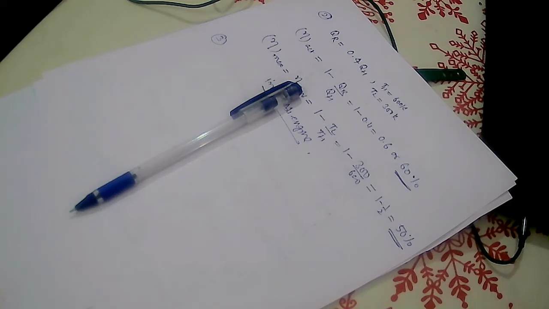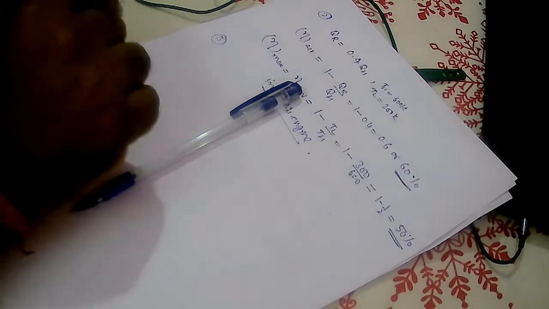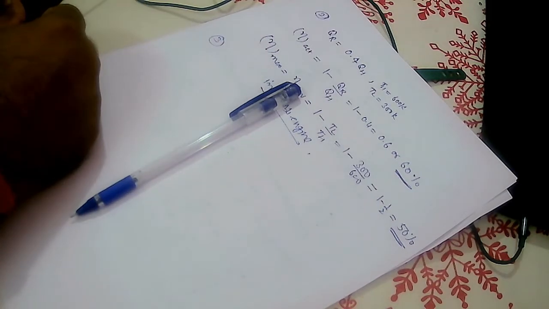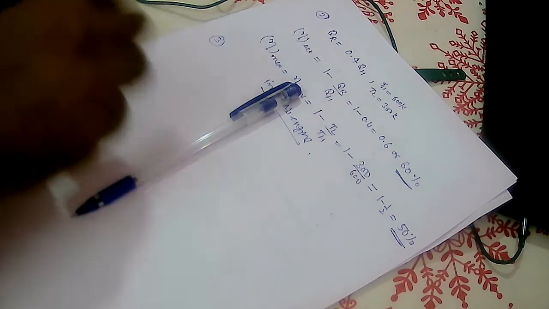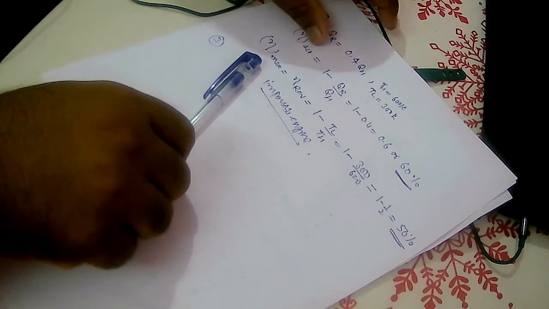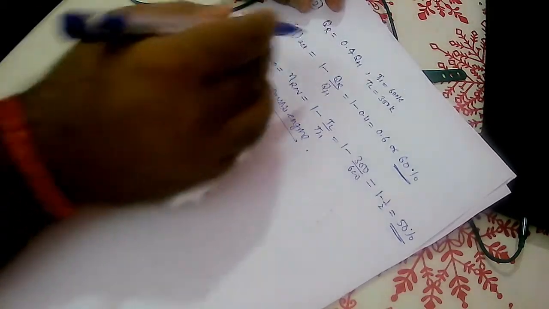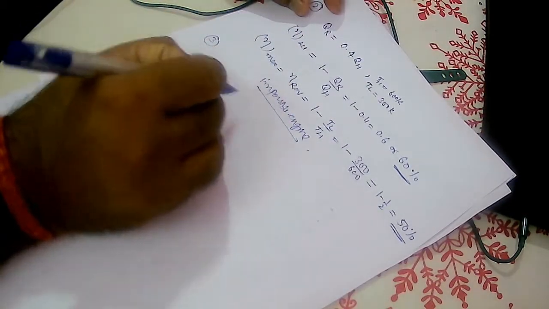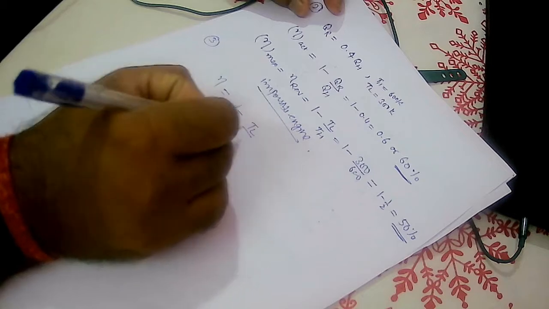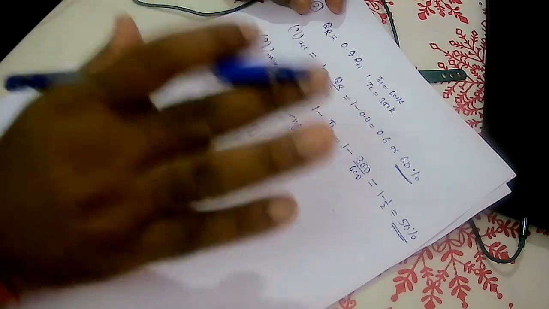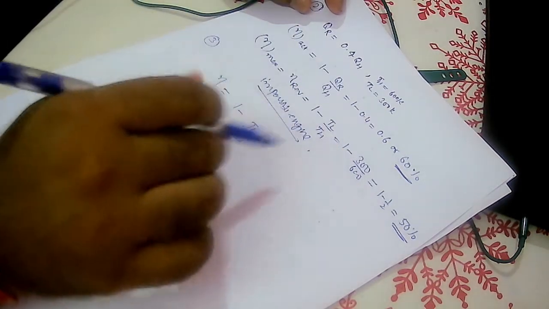Next one: a small change in delta T can be affected either in source temperature or sink temperature, which will result in higher efficiency. So basically, the efficiency of an engine is 1 minus T lower divided by T higher. Keep in mind, from here itself you can predict the things.